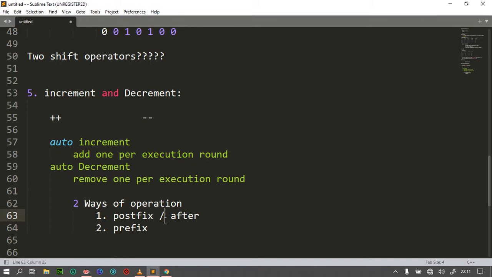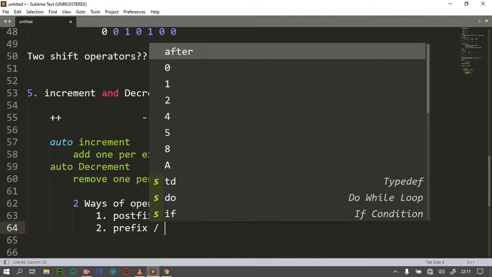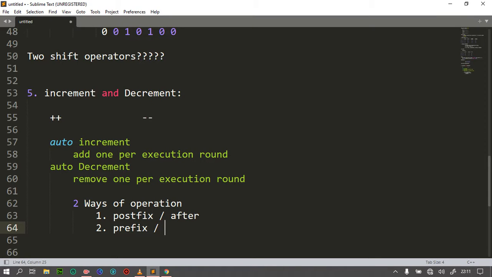For those of you who are always bothered with these complex things of English, postfix means after, then prefix means before. Okay, postfix after, then prefix before. What does it mean? It means that when it comes to increment, I can have a postfix increment and I can have a prefix increment. When it comes to decrement, I can have a postfix decrement and I can have a prefix decrement. Now, the difference is significant.